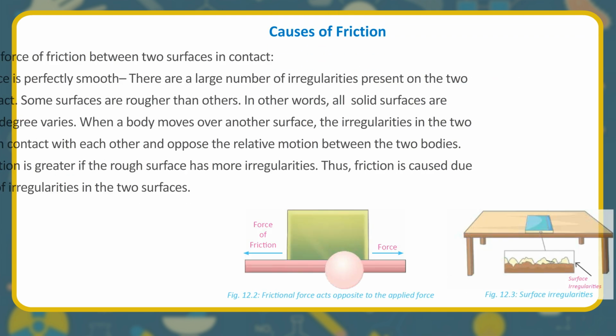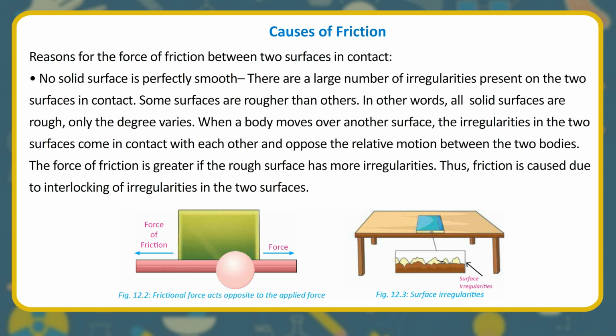Causes of friction. Reasons for the force of friction between two surfaces in contact. No solid surface is perfectly smooth. There are a large number of irregularities present on the two surfaces in contact. Some surfaces are rougher than others. In other words, all solid surfaces are rough, only the degree varies.